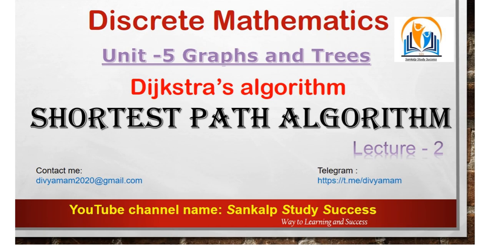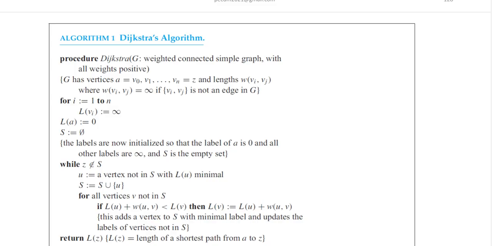Please see the algorithm carefully here. This is the whole procedure. In order to find the shortest path between two vertices, the graph should be a weighted graph. This is the mandatory condition.